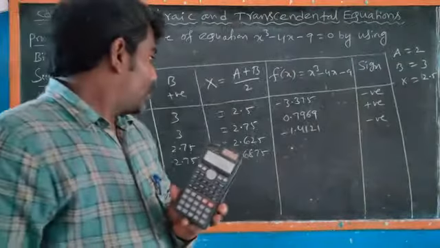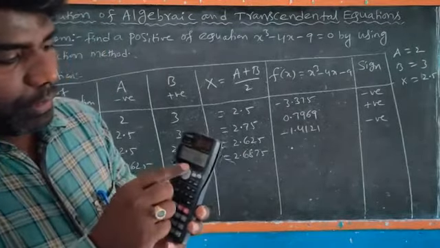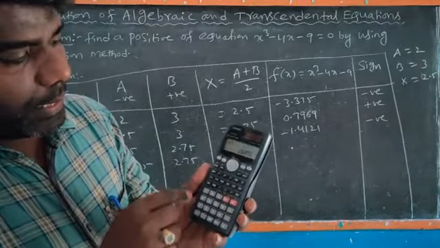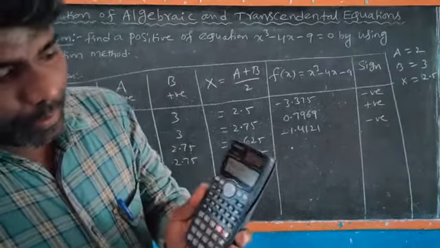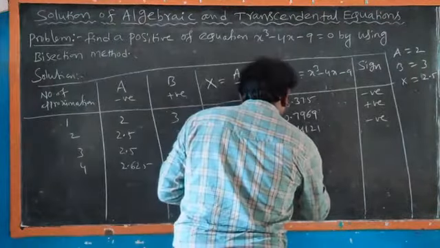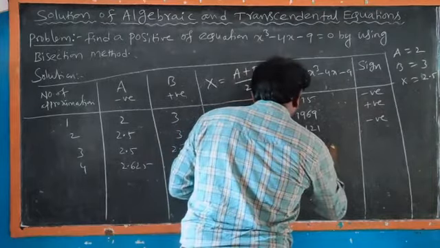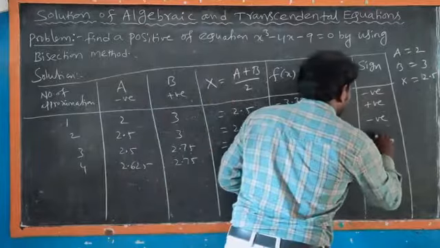Okay, now substitute x equal to 2.6875 in the function. Go back, then calculate 2.6875, then minus 0.3391. This is a negative value.